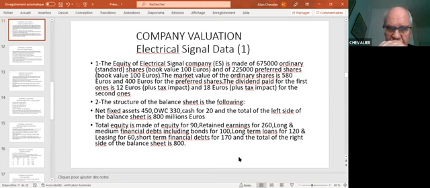And there is a tax impact also because of the fiscal system behind. So you understand that they are not valued the same way by the stock market. And this is very often the case.